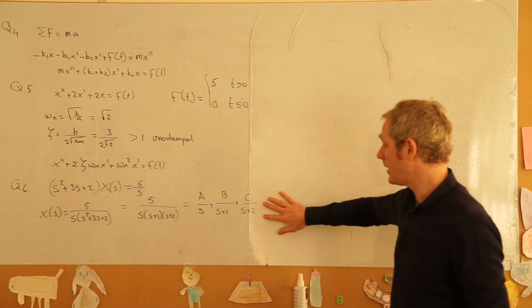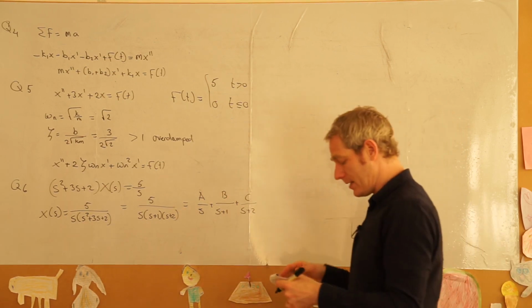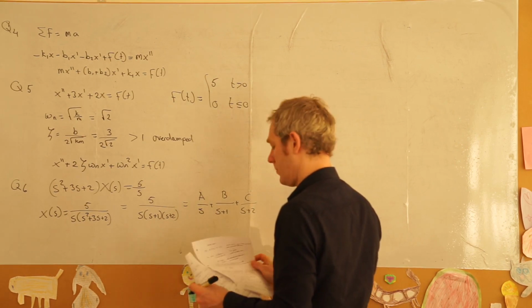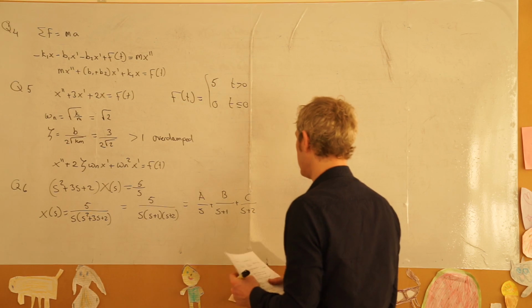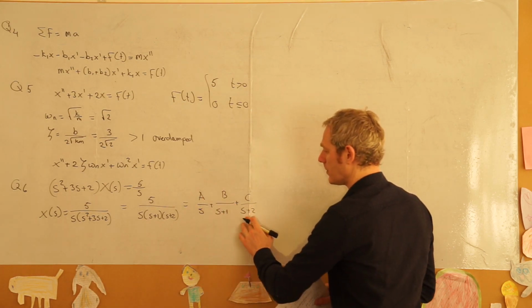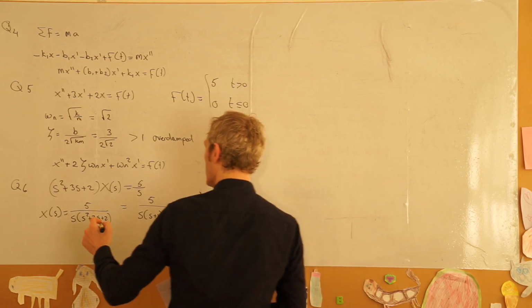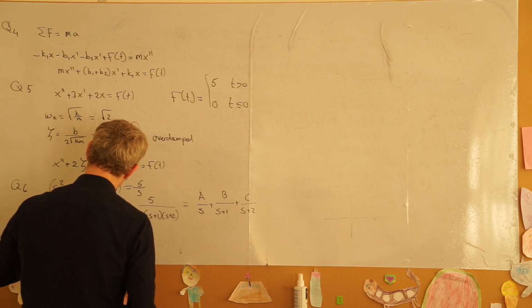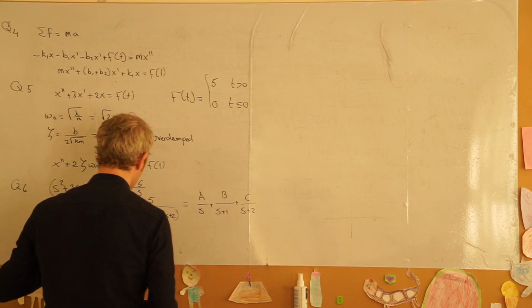Now the calculations to get A, B and C. For A, I multiply by s plus 1 times s plus 2, so we get As squared plus 3As plus 2A.